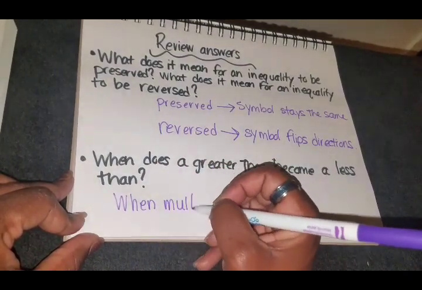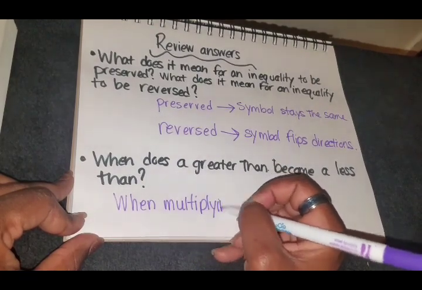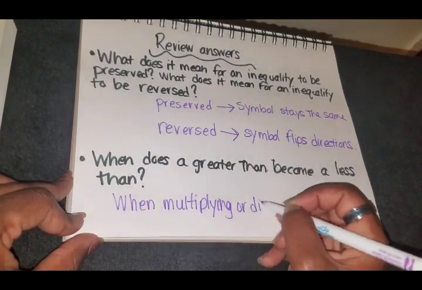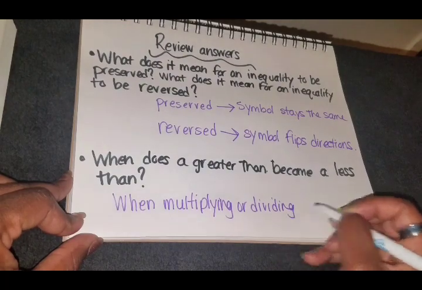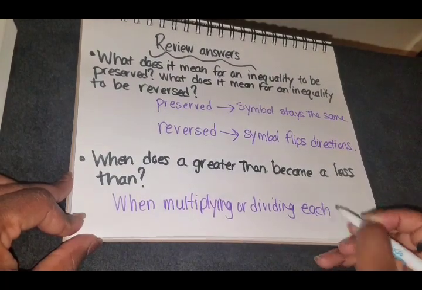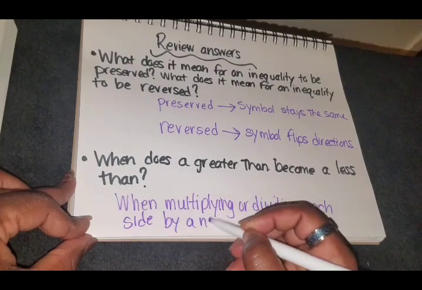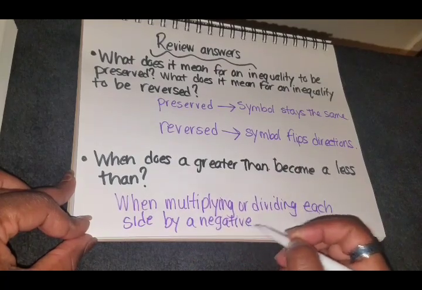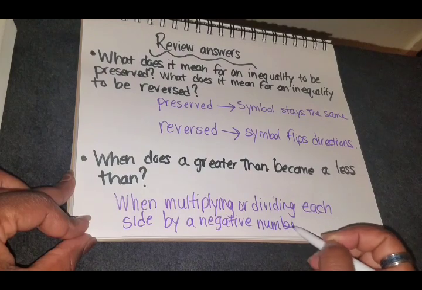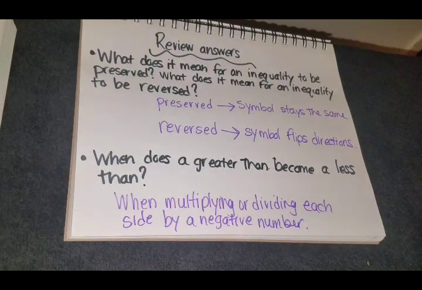When multiplying or dividing each side by a negative number. Why? Because negatives flip things. They change the script. They flip the script.